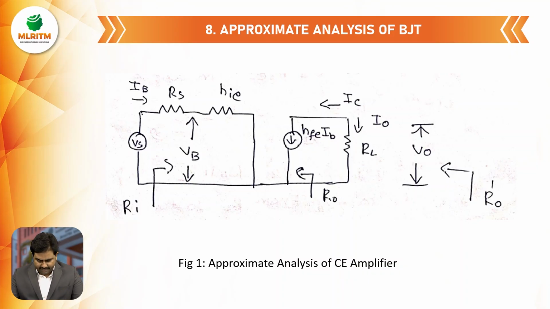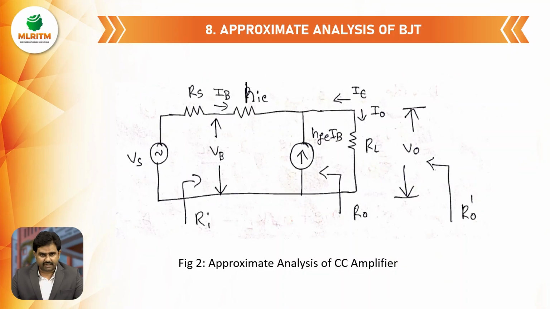So this is the approximate analysis of CE amplifier. If you observe, we have drawn this from the exact model only by considering few parameters. At the input side we have input resistance, at the output side output resistance. This is also output resistance, R0 dash, which we will consider across the output voltage V0. So this is about the approximate analysis of CE amplifier.